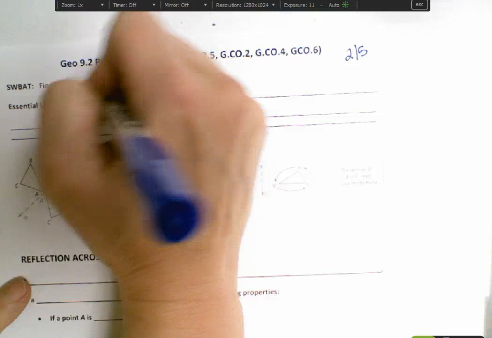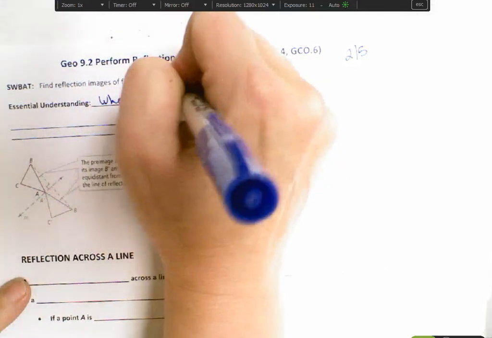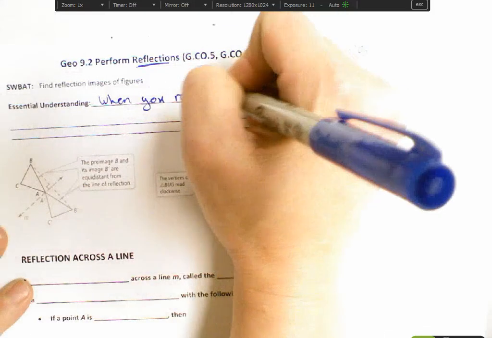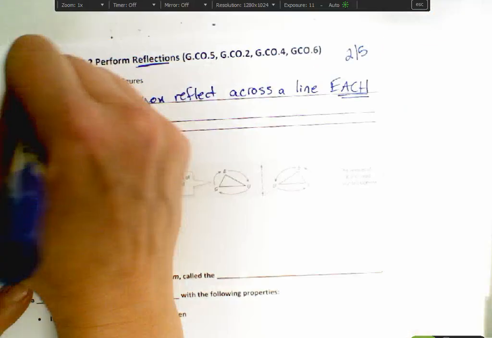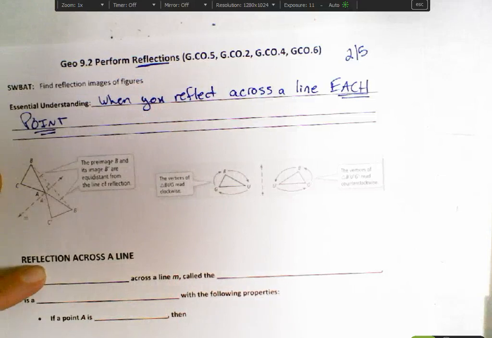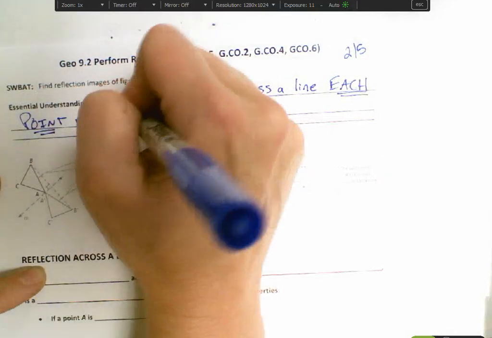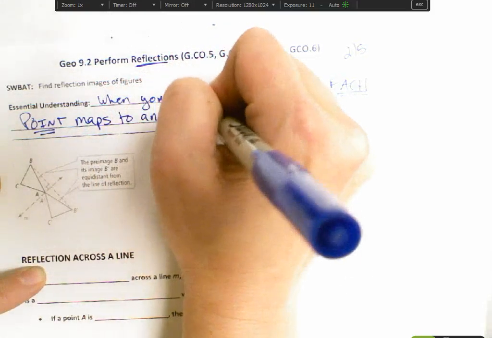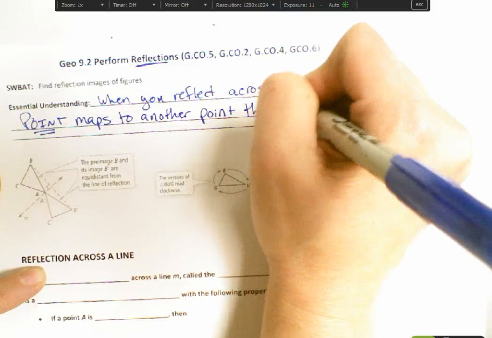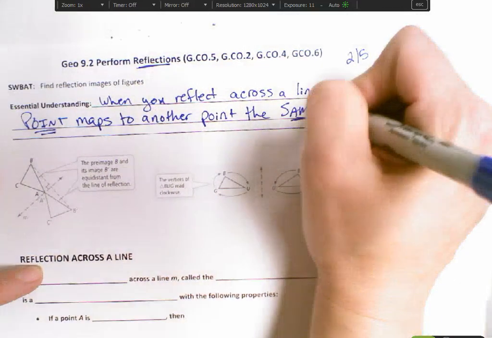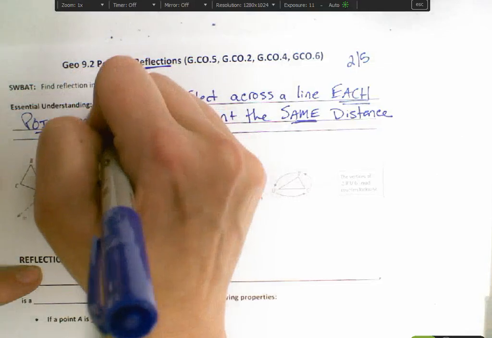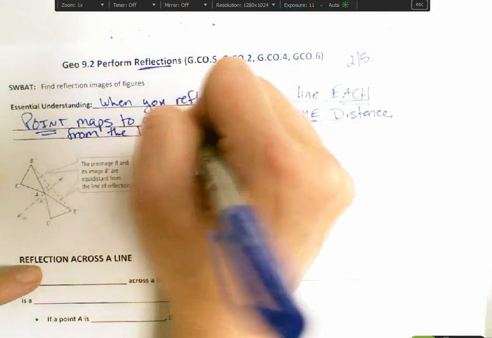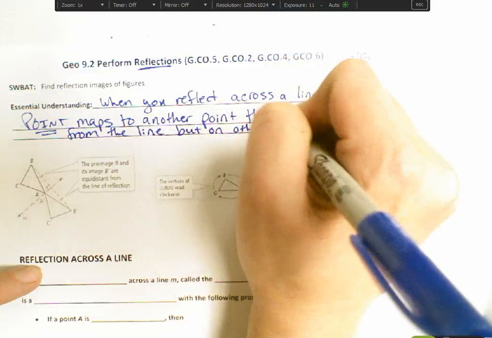We are in 2-5. So essentially we need to understand that when you reflect across a line, each point maps to another point the same distance from the line, but on the other side.